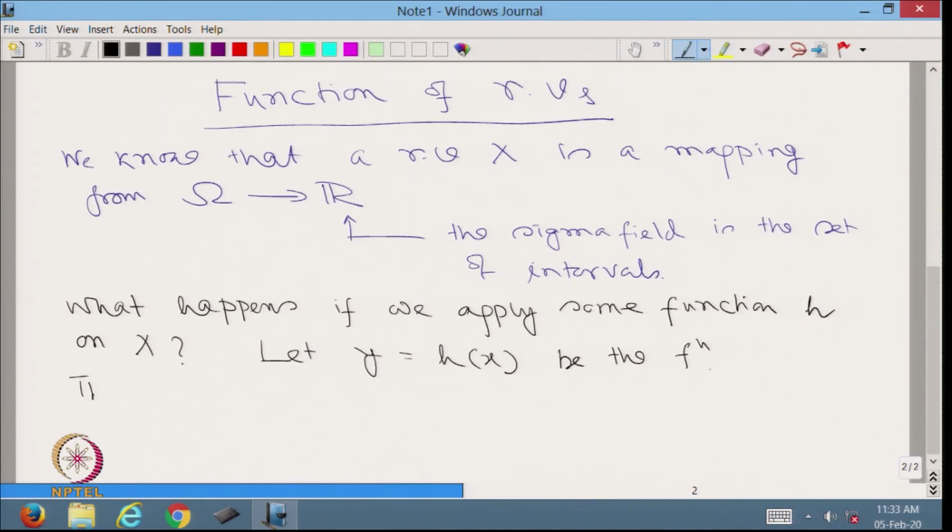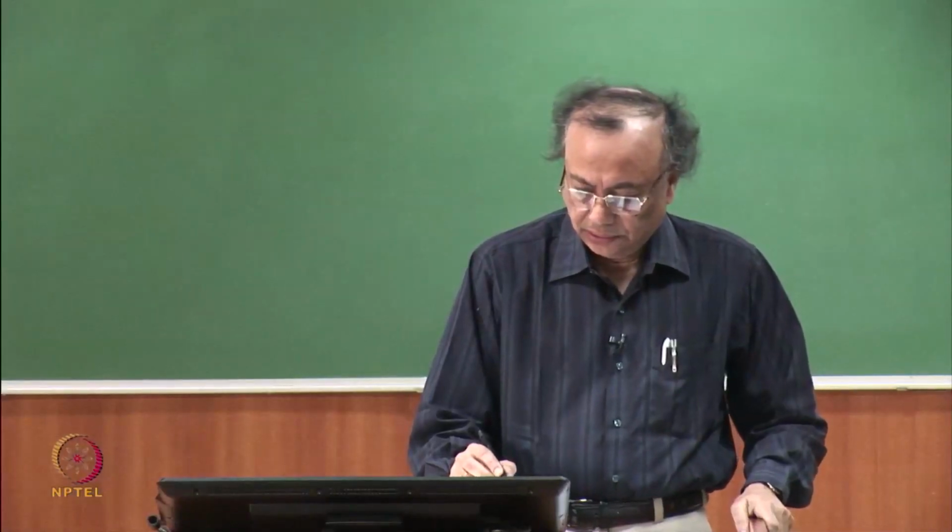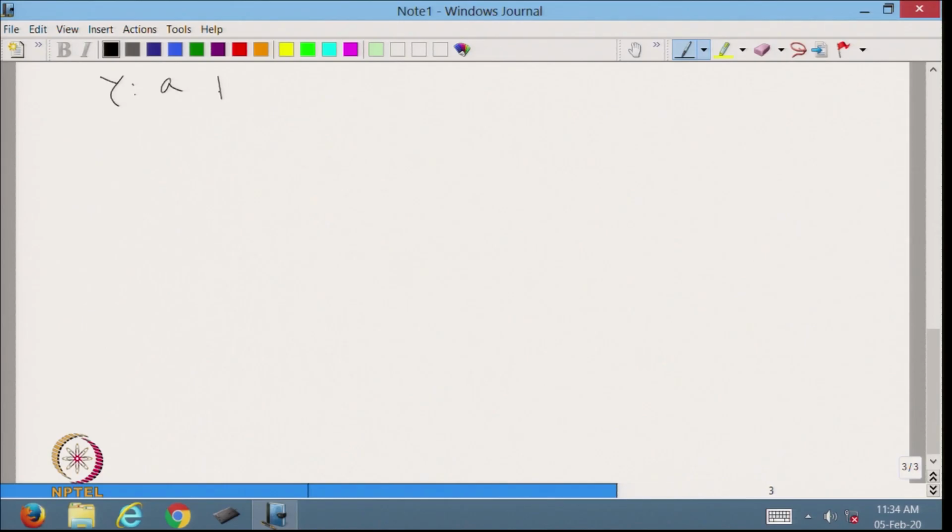Then Y can also be considered as a random variable, because Y is a mapping from omega to R as well.